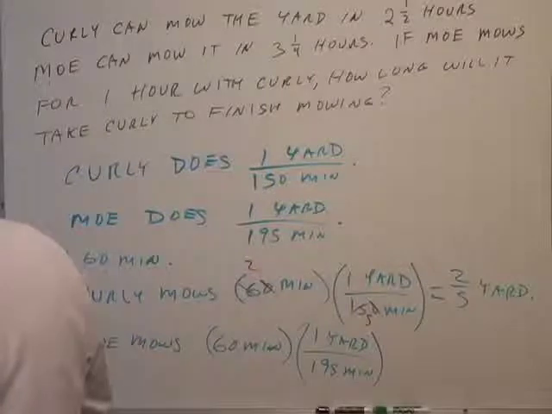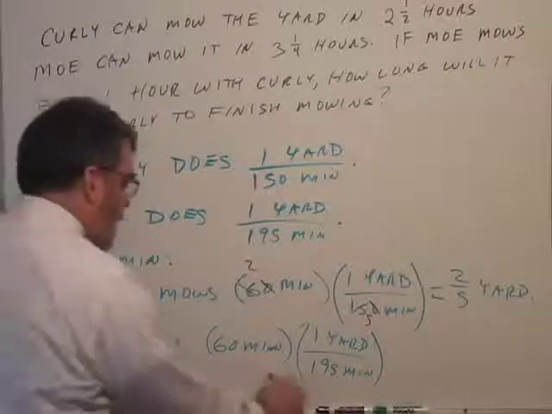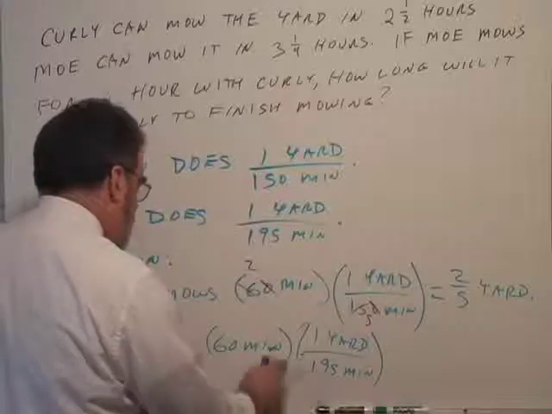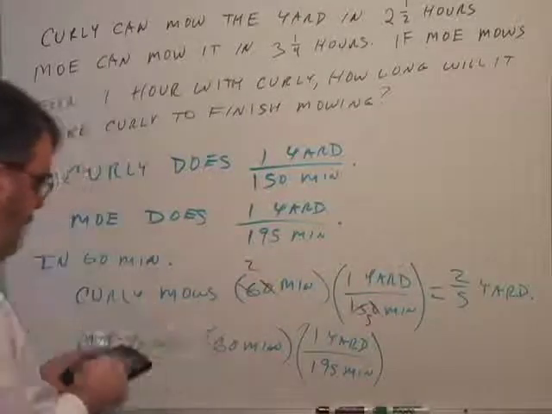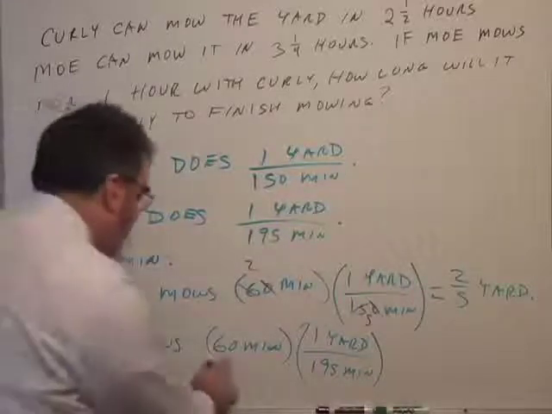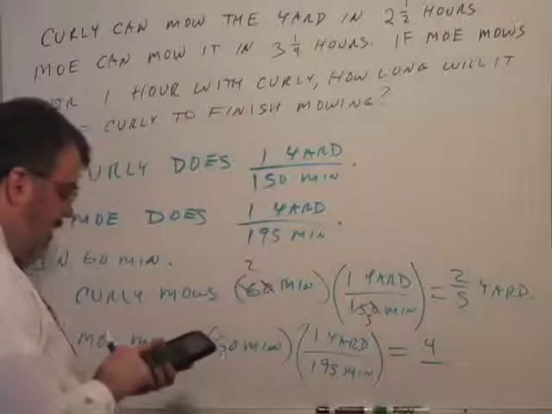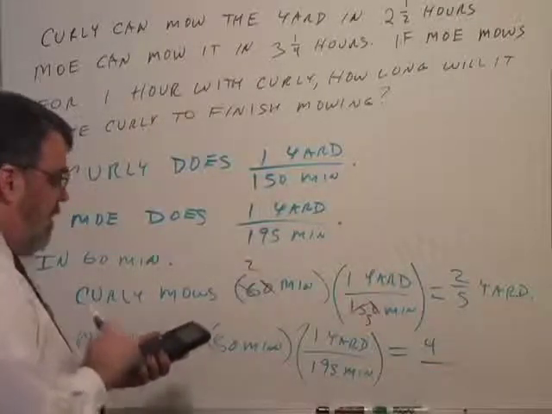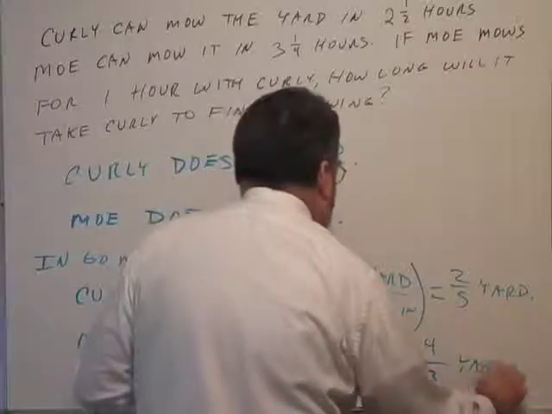Okay, so let's see if we can reduce that. I can divide them both by 3. Actually, by 15. We can divide both by 15. So if I divide 15 into 60, I get 4. And 15 into 195 is 13. 4/13 of a yard.